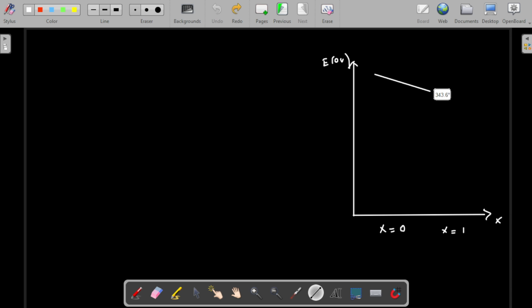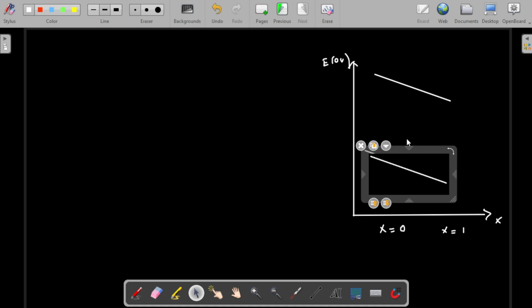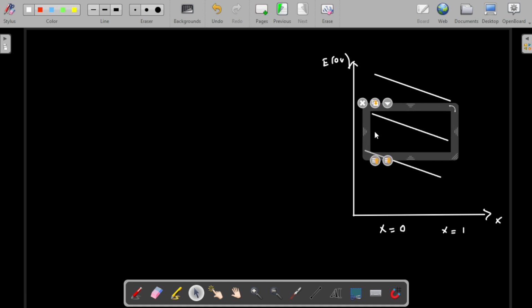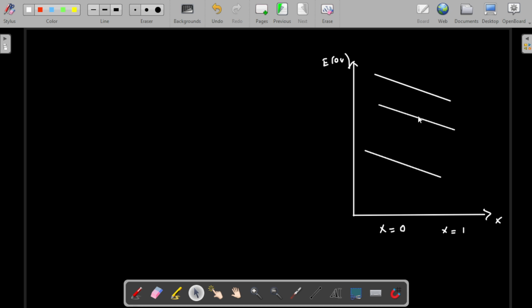So let me draw it. So this will be EV and this will be EC. They have given another piece of information, which we can also understand. So let's keep this as I. At X equal to 0, this can be written as EC0, as given in the question, and this is EF0.